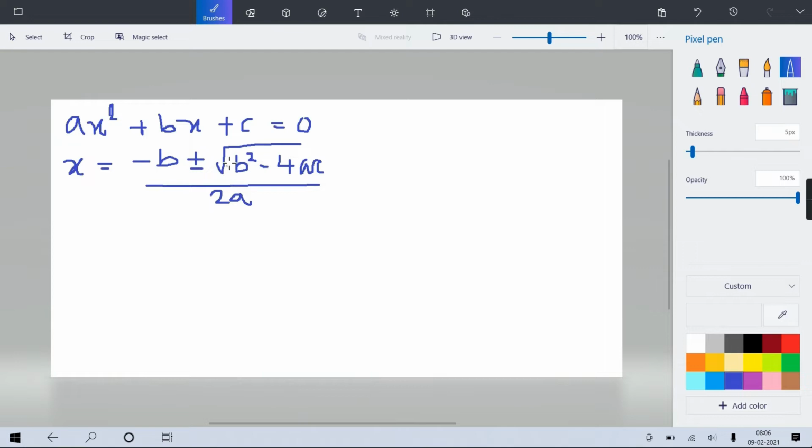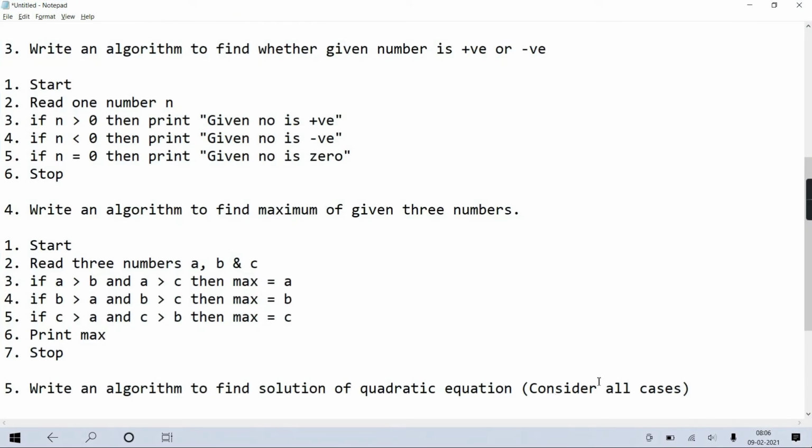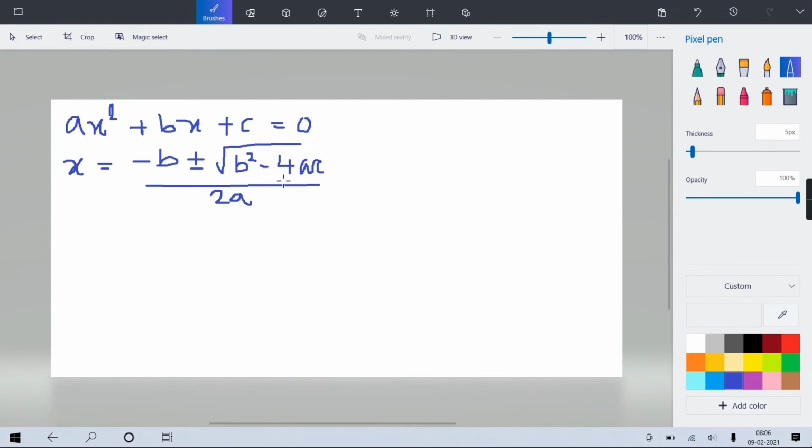So based on that we have to take the decision, and that's what I said, consider all cases. If it is 0, you'll get one solution. If it is positive, you'll get two different solutions. And if it is negative, you'll get complex conjugates.